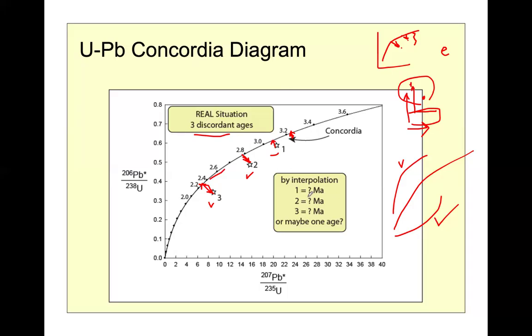Interpolation will not work for that one. But still, these discordant data are useful for us, right? Although they cannot directly imply an age, the data themselves can be used to interpret some other processes. We'll see what the other processes are later.